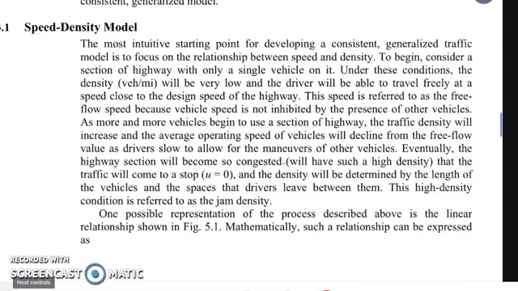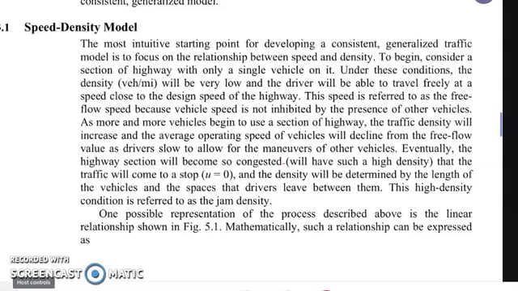This speed is referred to as free flow speed because the vehicle is not inhibited by the presence of other vehicles. So the speed traveled by the single vehicle, close enough to the design speed of the highway, is what we call free flow speed, since the driver has no inhibitions from other vehicles.